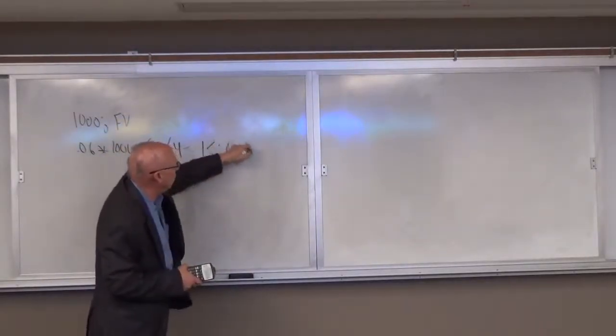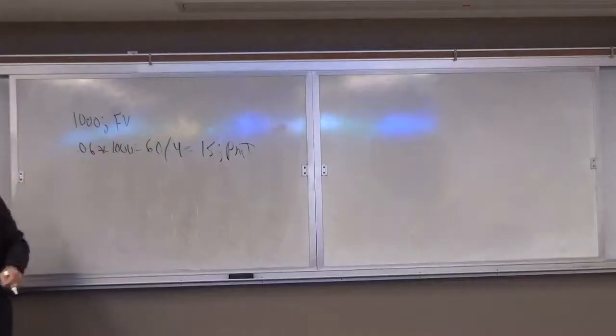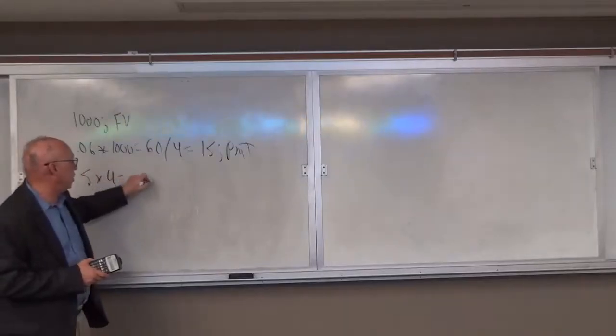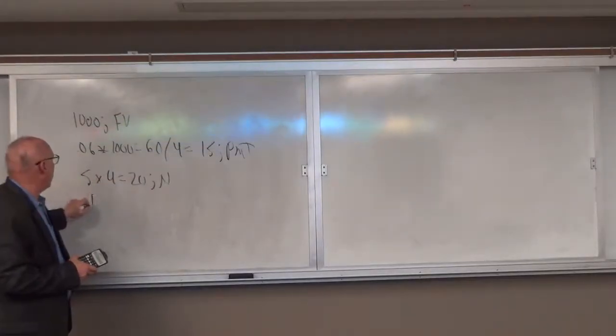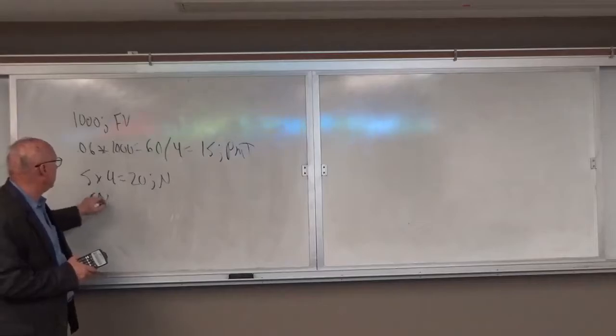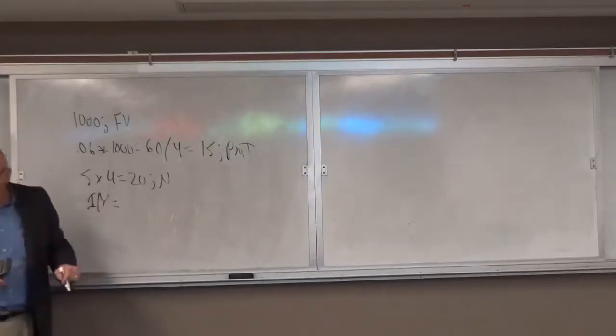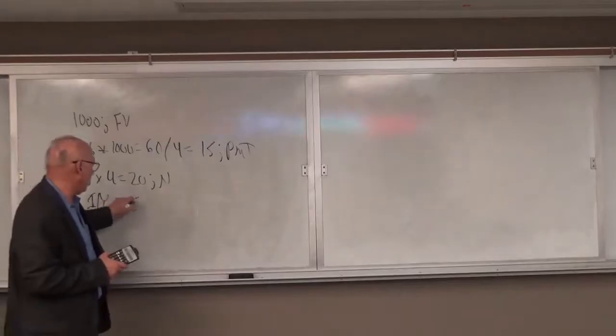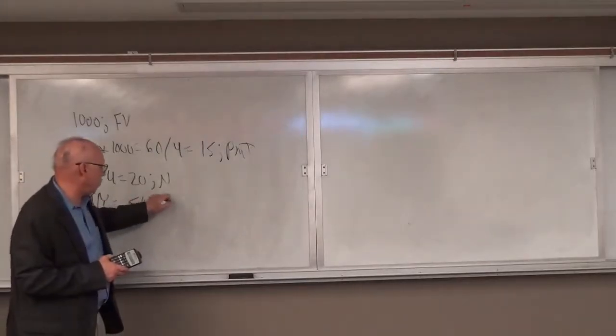That's our payment. Okay. Term to maturity is 5 years, so 5 times 4, so nothing's changed here. 20 is our N, but one thing has changed. Our IY is 5% instead of 7.5%. So our IY is 5 divided by 4 equals 1.25.